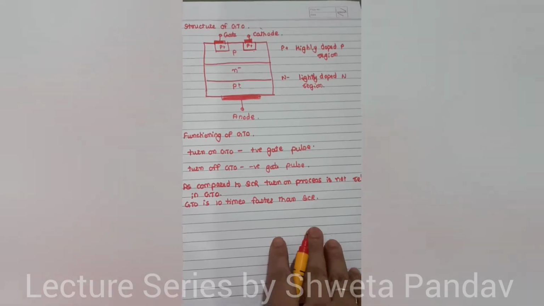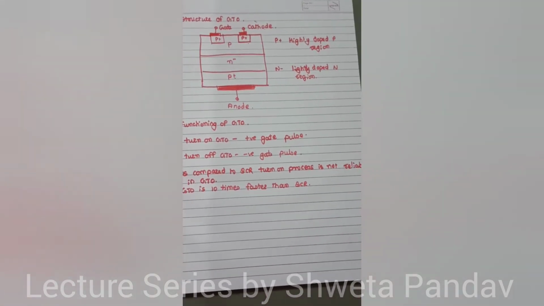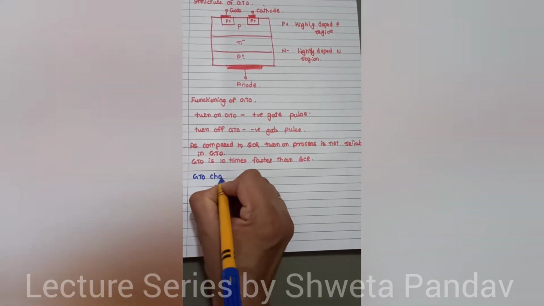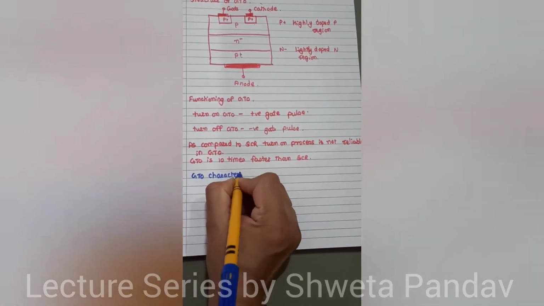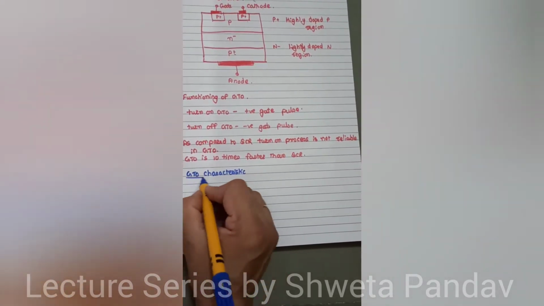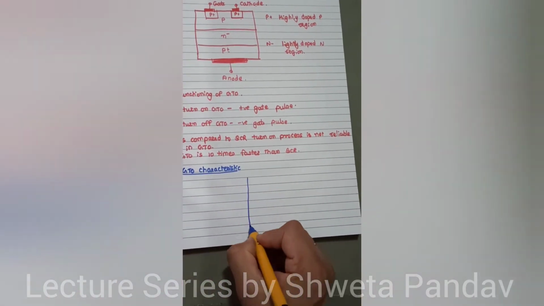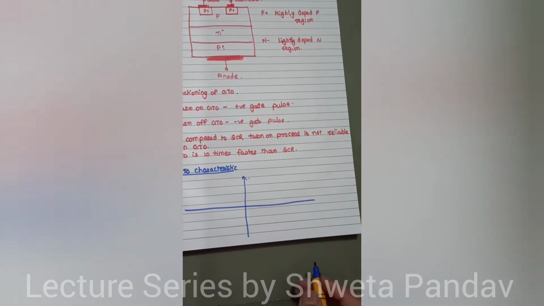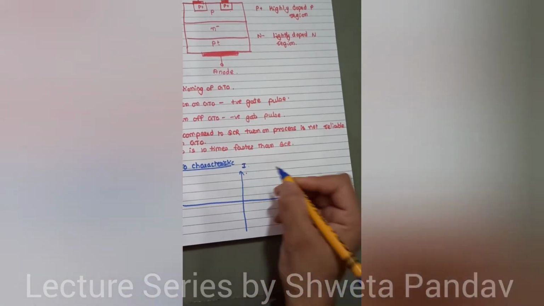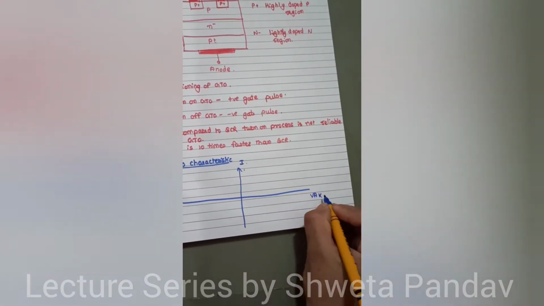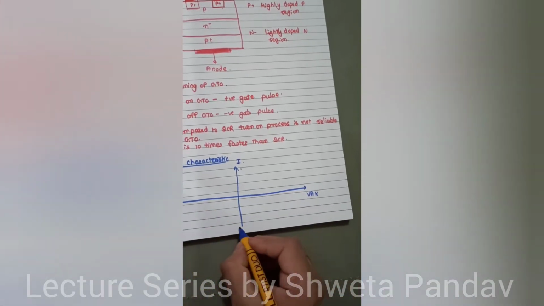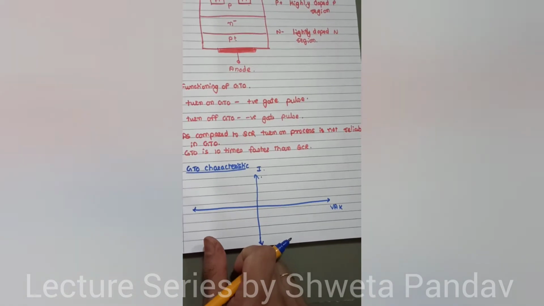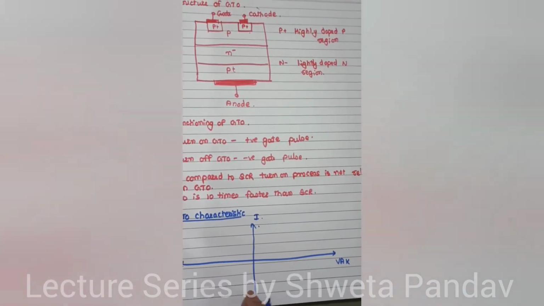Next is GTO characteristic. This characteristic is the current on the y-axis and anode to cathode voltage on the x-axis. This characteristic is divided into forward characteristic and reverse characteristic.